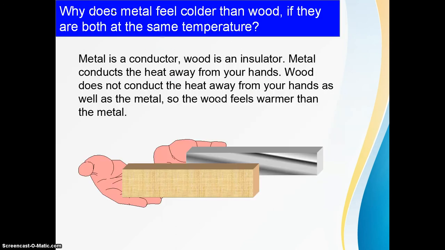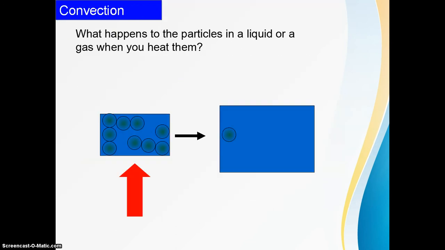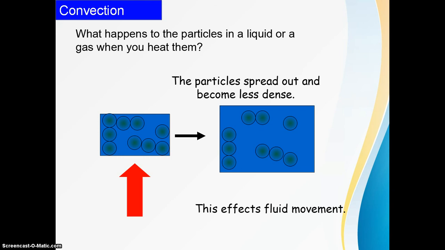Okay. Next, the second mode will be convection. What happens in convection? Convection takes place in fluids, that is, liquids or gases. In convection the particles spread out and become less dense.